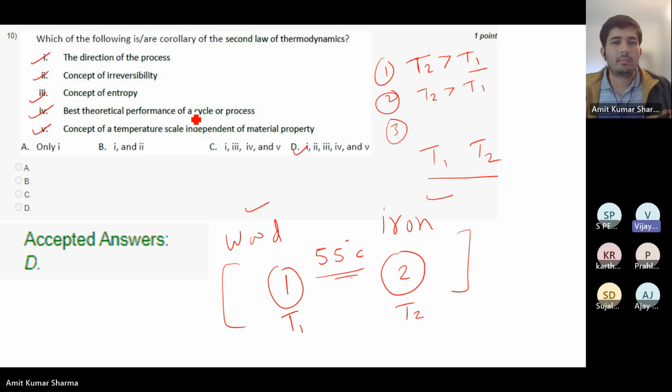It's not like you are putting a 70 degrees centigrade iron chair into 55 degrees centigrade. Both chairs were initially at room temperature. Okay, then it's fine. They are there for a long time. Now think about the answer.